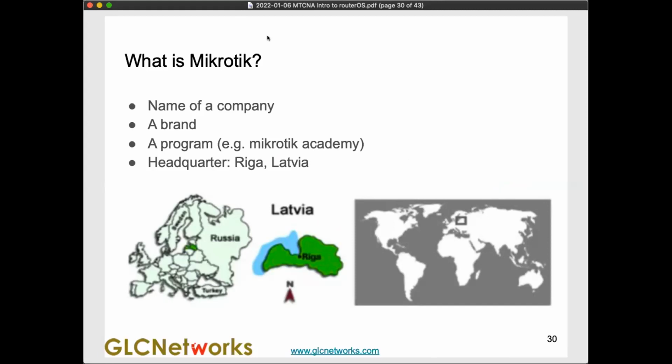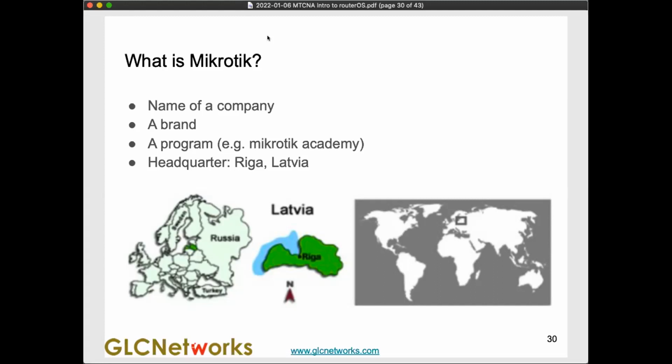A long time ago, several years ago, they had two websites, mikrotik.com and routerboard.com. Routerboard.com consisted of a list of hardware, like an online store to buy the products.